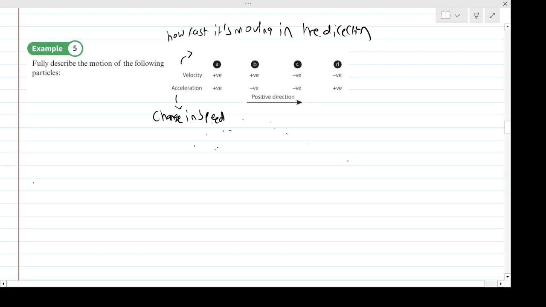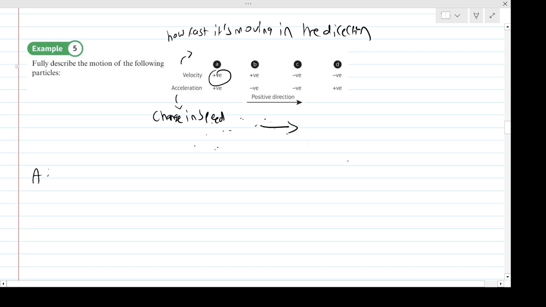So okay, particle A, firstly they're both positive, which means they're both acting in the positive direction, so forwards or to the right. Okay, so forwards, right? So particle A, if they're both positive, then the velocity, which again is to do with the movement, so how fast it's moving, it's moving to the right, because if the velocity is positive, it's in the positive direction.